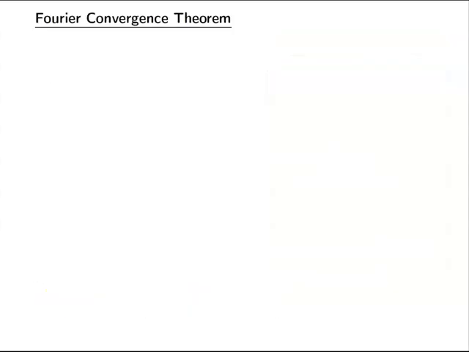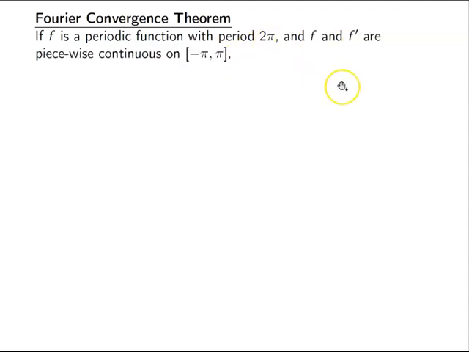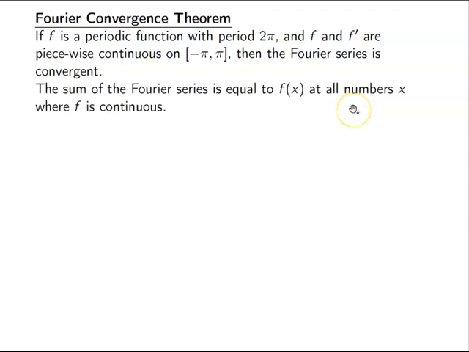So that brings us to the Fourier convergence theorem. If f is a periodic function with period of 2 pi, and f and f prime are piecewise continuous on negative pi to pi, then the Fourier series is convergent. So the convergence is really based on the function that we have. Okay.